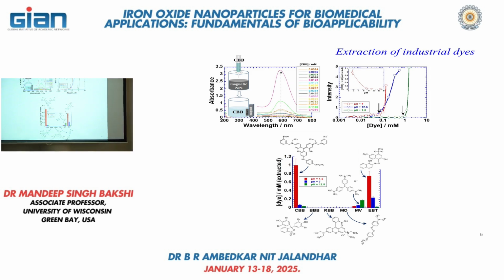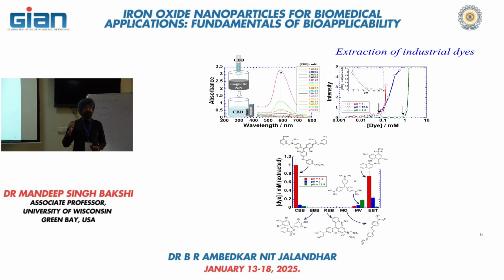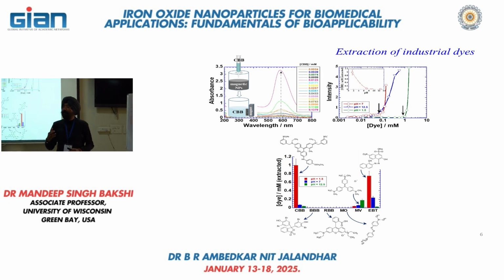The main purpose of showing this is to tell you how we can design and synthesize functionalized magnetic nanoparticles for a particular application, and on the basis of that application we could see how much applicability this kind of functional magnetic nanoparticle can have, and in this way we can further modify or improve the method.